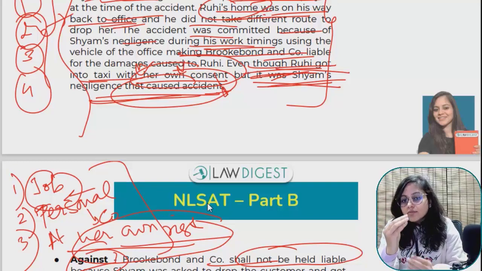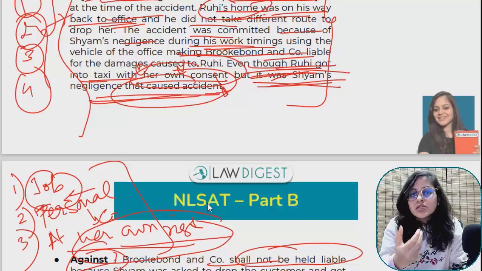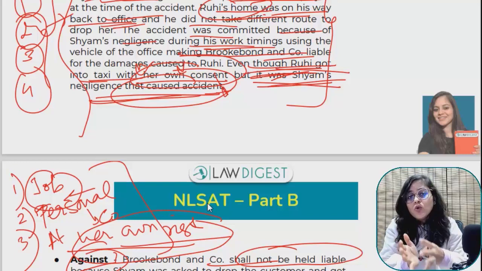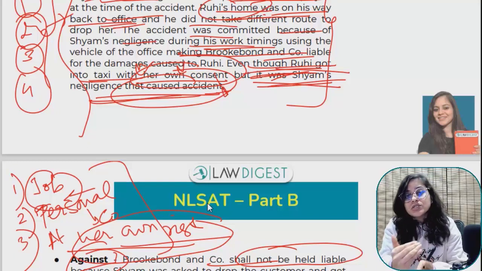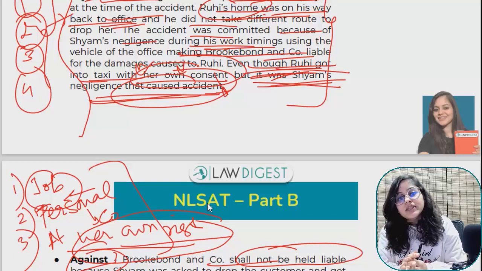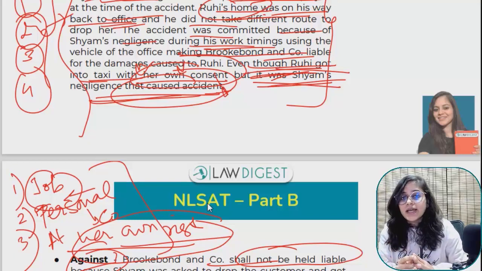You can check the situation and see whether it is in favor or against the plaintiff. The plaintiff is basically the party who's seeking the compensation, filing the suit. So, in whose favor do you find more points? If you find more points for the person, then go for the favor situation. If you find more points in the against situation, then go for the against situation. This is how you need to decide.